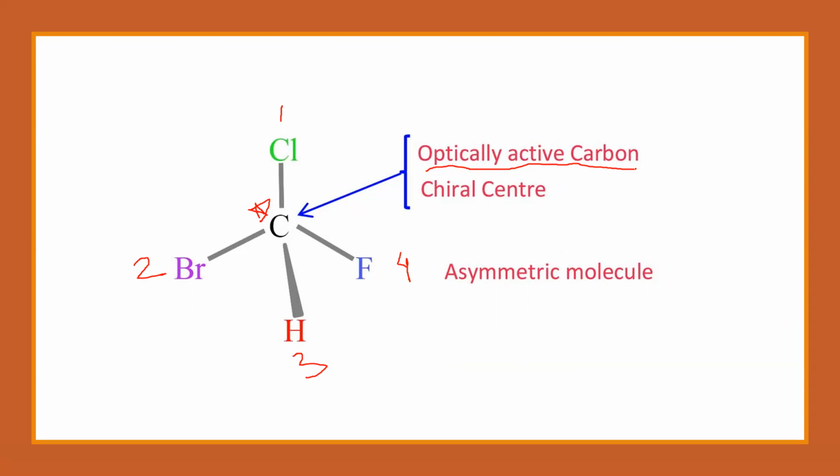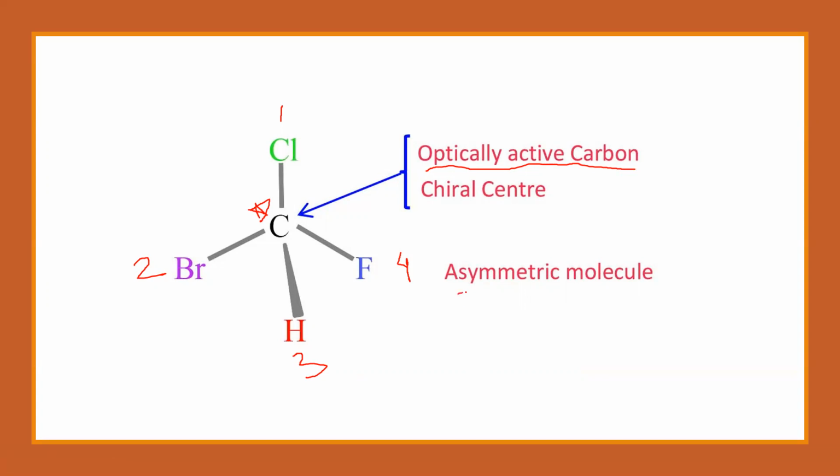An optically active compound is one which will rotate the plane of plane polarized light, which we saw in the previous slide. So if I have a compound which can rotate the plane of polarized light, then such a compound is called an optically active compound. We will understand this better when we look at the next slide.